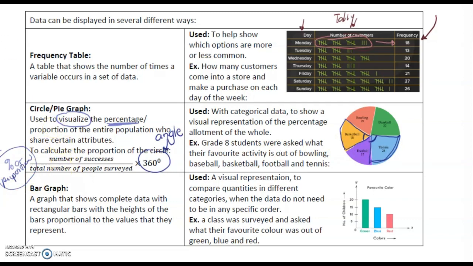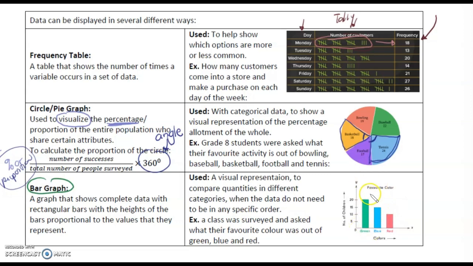Okay, and now bar graph. This is a graph that shows categorical data with rectangular bars, which is over here. They can be vertical or it could be a horizontal bar graph. For the scope of this course, we're going to be doing vertical bar graphs. And the heights of the bars are proportional to the values that they represent.